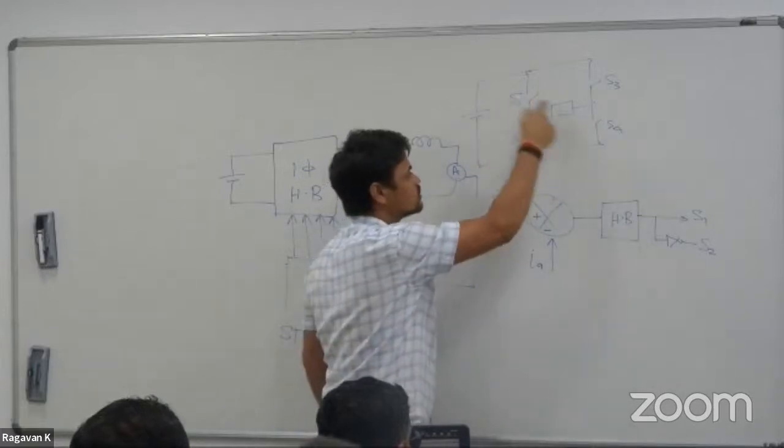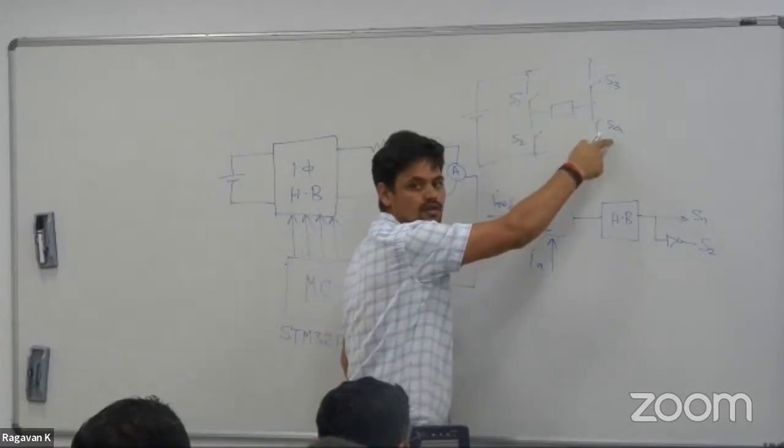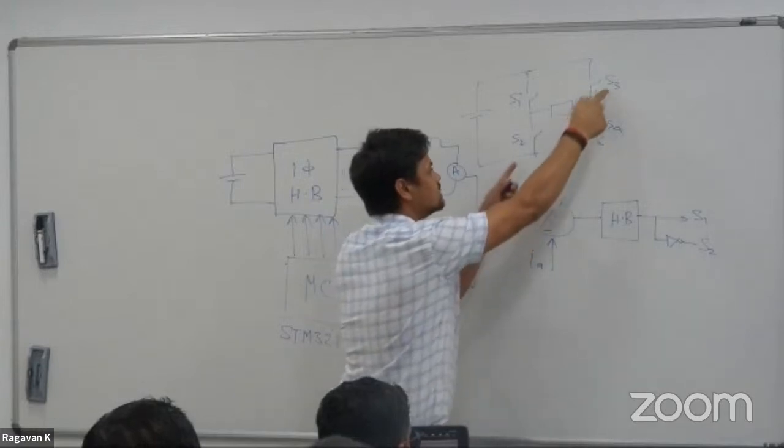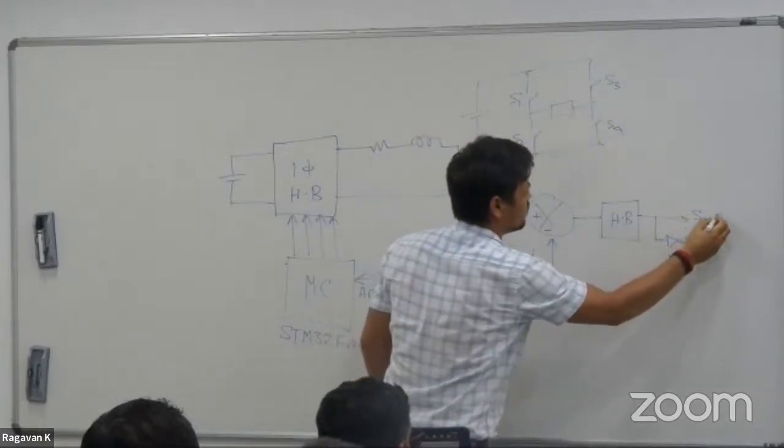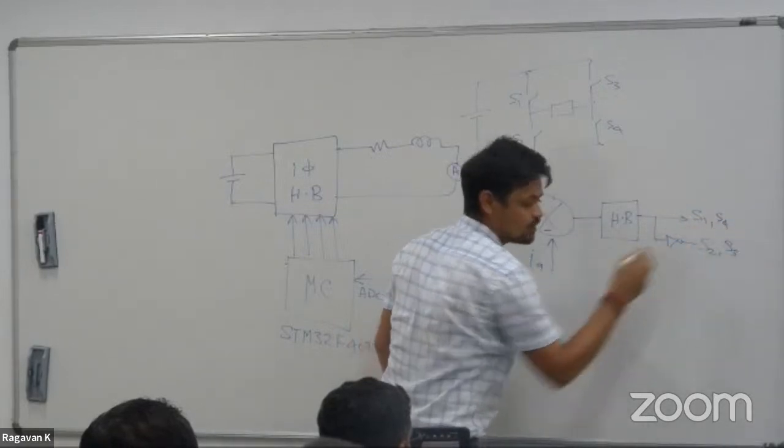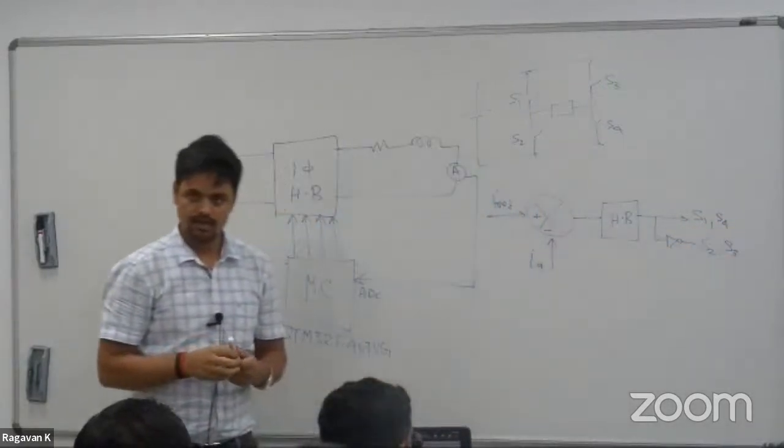So switch 1 and switch 4 will be turned on simultaneously, and then S2 and S3 will be turned on simultaneously. So this is S1 and S4, then S2 and S3, right?